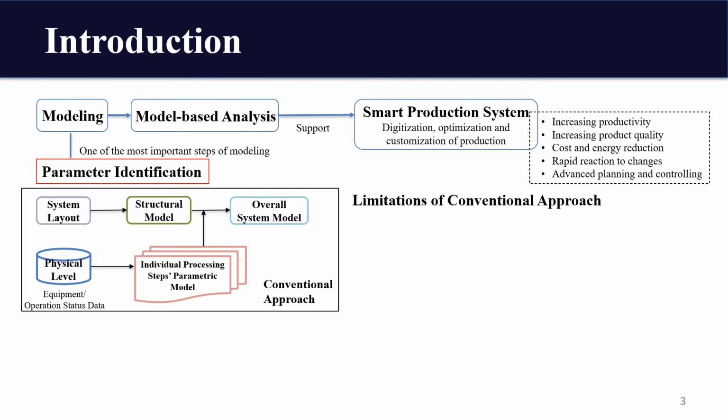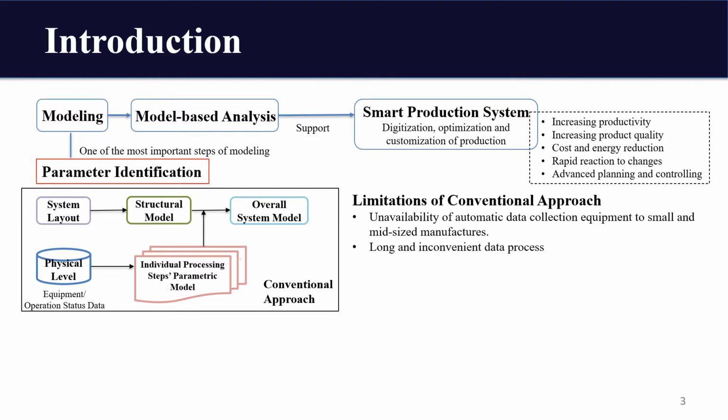There are many limitations. First, for some small and medium-sized manufacturers, they don't have any automatic data collection equipment, so data collection is difficult for them. Then, in order to get valid machine parameters like uptime or downtime for each machine, we have to spend a long time collecting enough observations to make sure they are highly accurate, and the data we collected is not necessarily in the standard form, so a lot of inconvenient data processing work is involved.